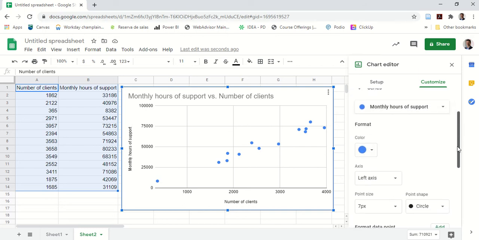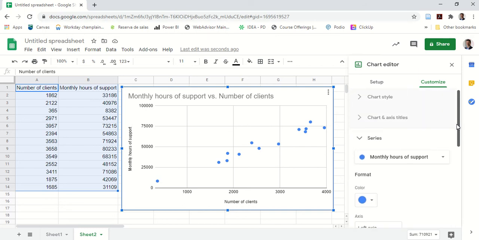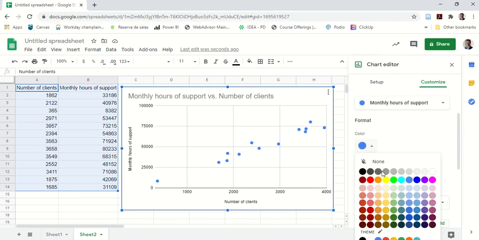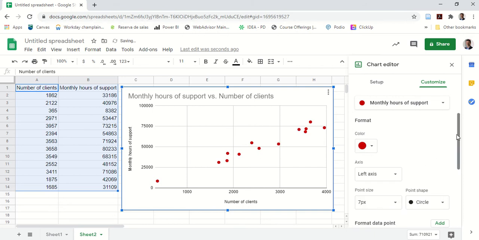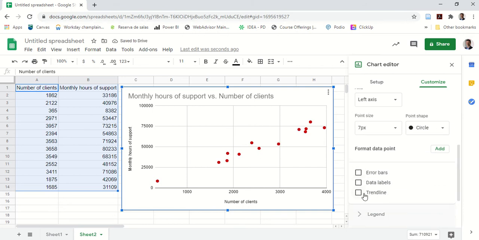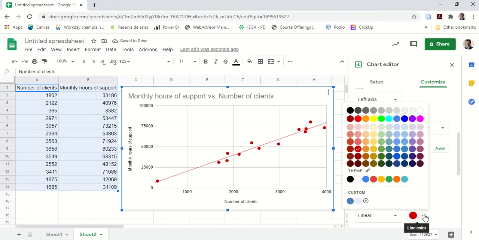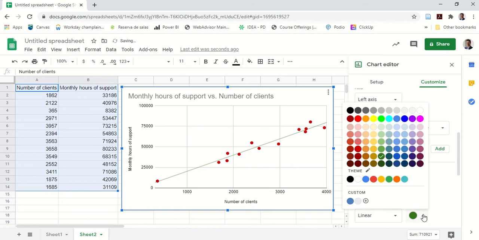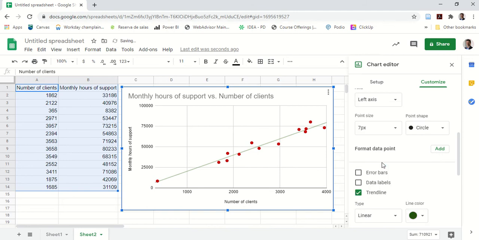customize this. And so I came here to customize series. You know, you can change the color if you want to, but then I'm going to add a trend line, and that line can have the same color or be drawn with a different color.